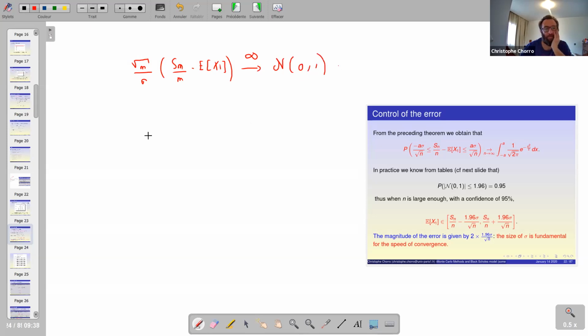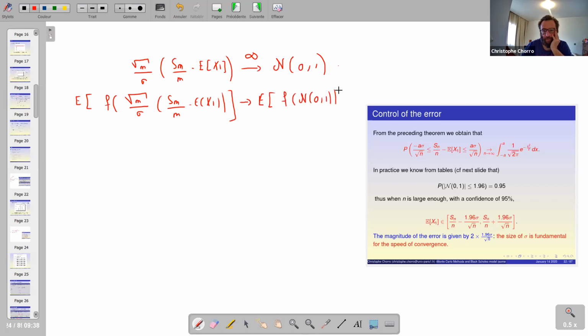Okay, so it means that the expectation of f of square root of n over sigma, Sn over n minus the expectation of x1, converges toward the expectation of f of N(0,1), when f is continuous and bounded.